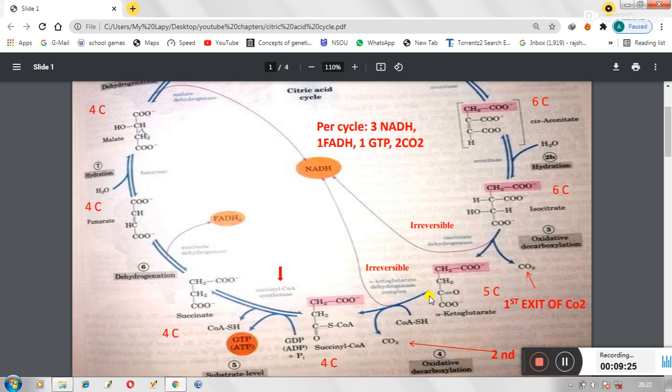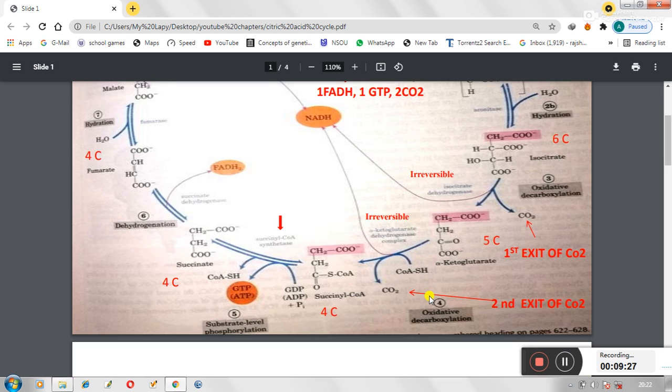The second step is another oxidative decarboxylation reaction. What happens with alpha ketoglutarate? Alpha ketoglutaric acid, a 5 carbon compound, converts into a 4 carbon compound, succinyl coenzyme A, with the enzyme alpha ketoglutarate dehydrogenase. This is a very important step, because another NADH is produced, in an oxidation reduction reaction.